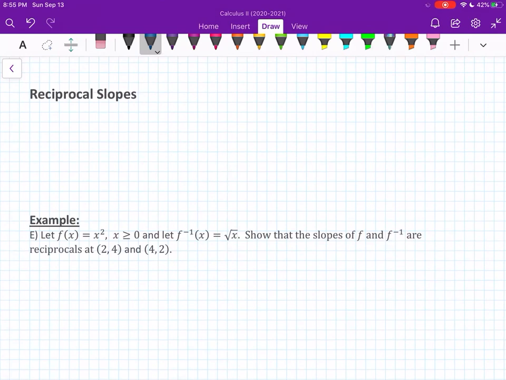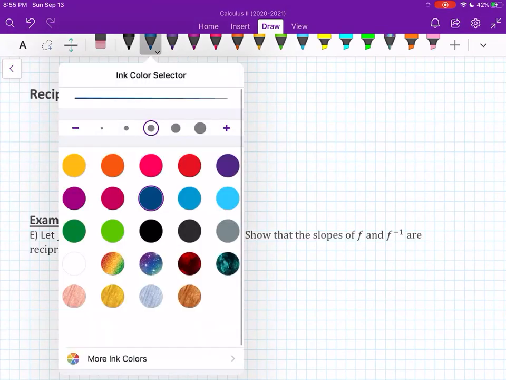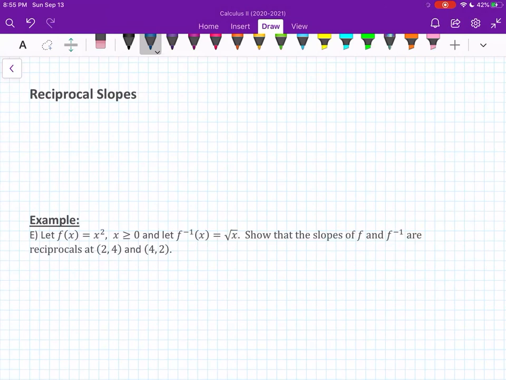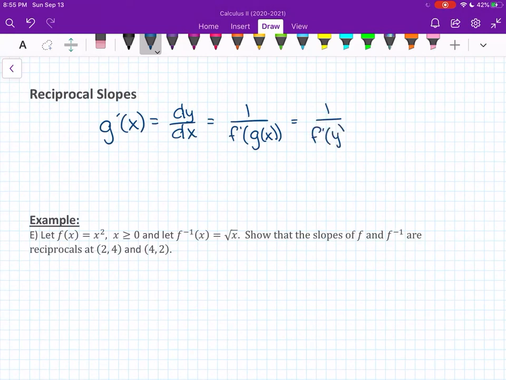Okay. Reciprocal slopes. Okay, so if I look at this in a little bit more detail, the formula we just talked about is actually kind of cool. So if I think about g prime of x as dy dx, then I can say, oh, hey, that is going to be 1 over f prime of g of x. Okay, which then is, well, what is g of x? g of x is y, so f prime of y.